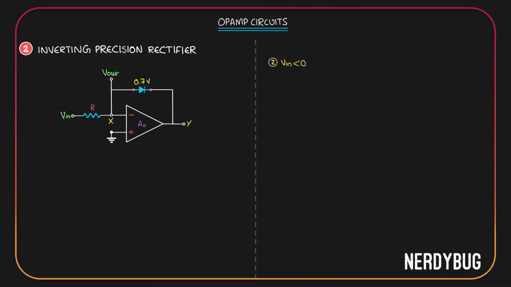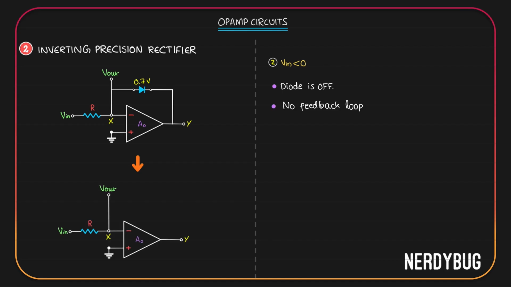Let's take the second case where input is negative. When input is negative, the diode will get a negative potential on its P side and it will be switched off. That means the circuit will be broken over here, and we can model it like this. Clearly, there is no feedback loop, which means the effective gain is the original gain of the op-amp, which is infinite.